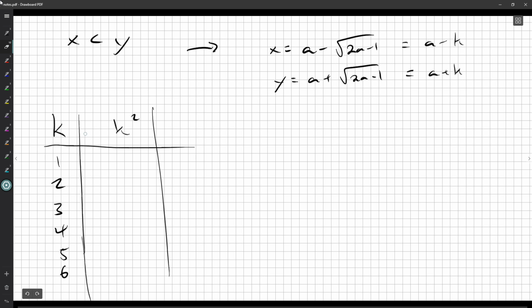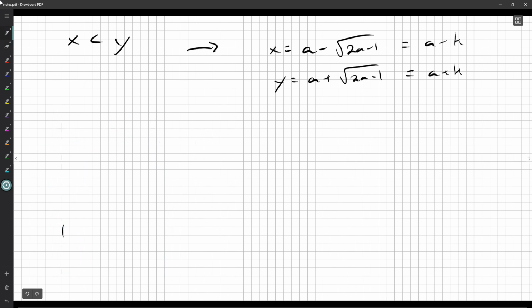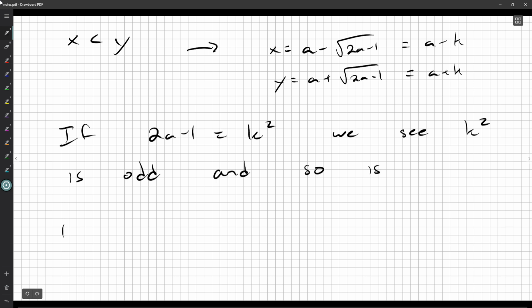So for my k value, we can get our k squared. I'm running out of room for this chart, but if 2a minus 1 is k squared, we see k squared is odd, because it's an even number minus 1, and so is k.